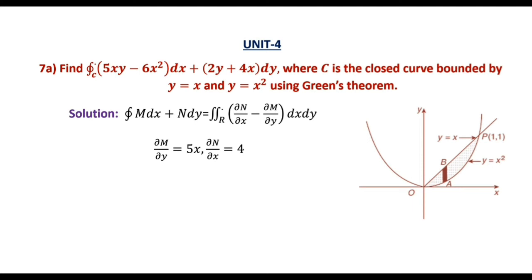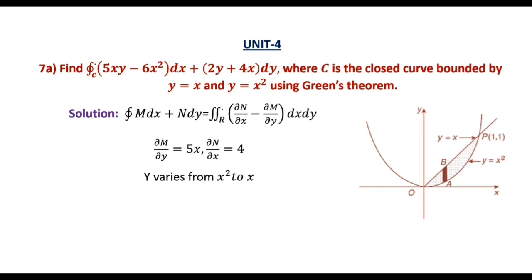Consider dou m by dou y is 5x, dou n by dou x is 4, where m is equal to 5xy minus 6x square, n is the coefficient of dy, that is 2y plus 4x. Based on the functions m and n, we have obtained these partial derivatives. Now you can see from the region we have drawn a vertical strip on the region to get the limits of y.